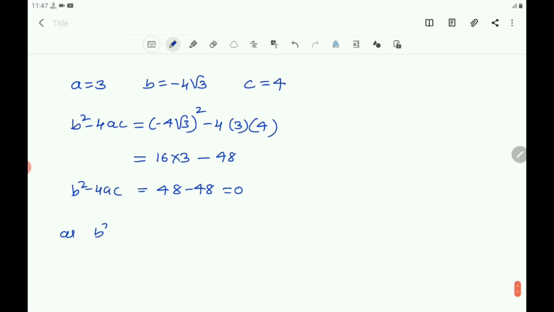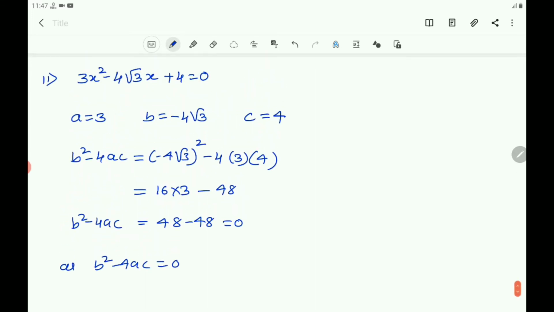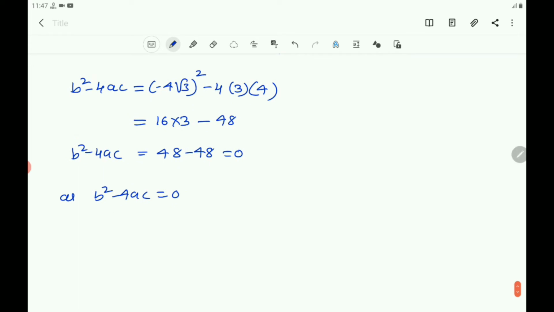As b² − 4ac = 0, here you can say that the roots are real and equal. So what are the roots?